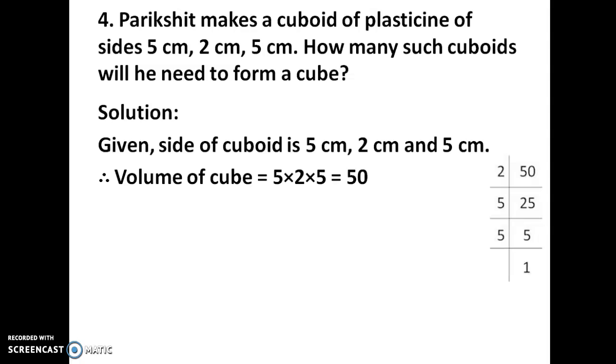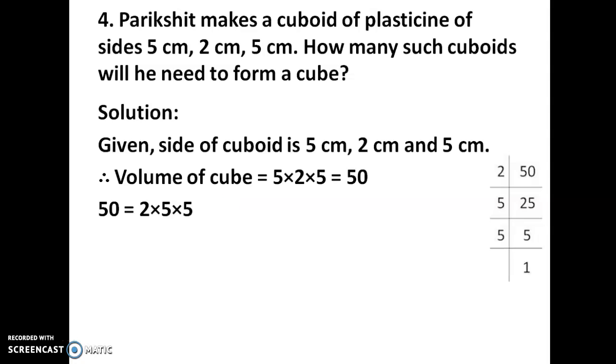But this is not a cubic number. So 50 is not a cube number. So we have to make it into a cube number to get the volume of the cube. Okay, don't confuse. Actually, he has a cuboid, and we need to find the volume of the cube.